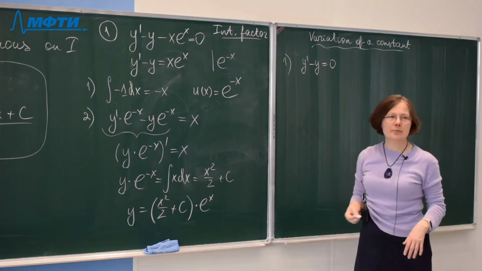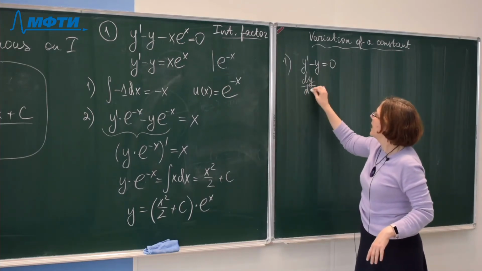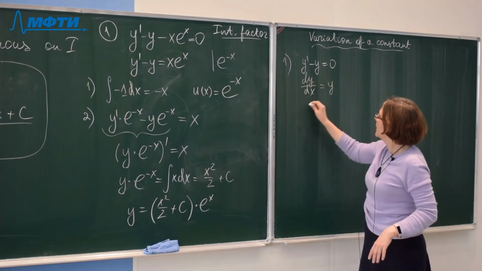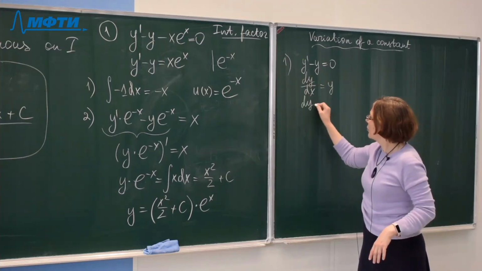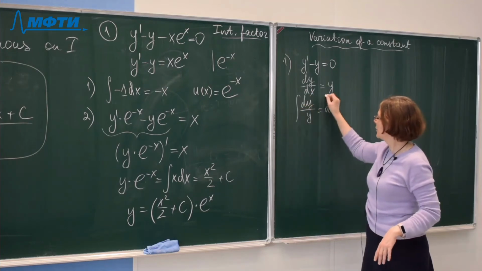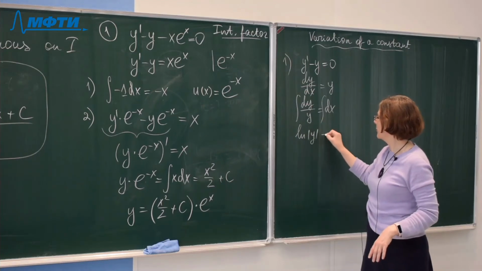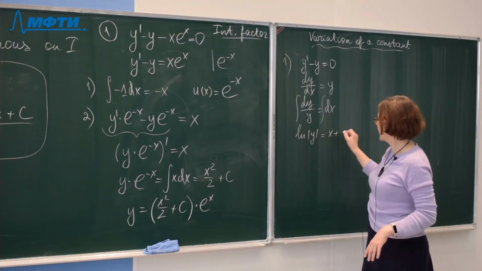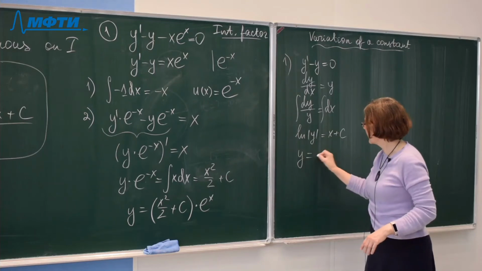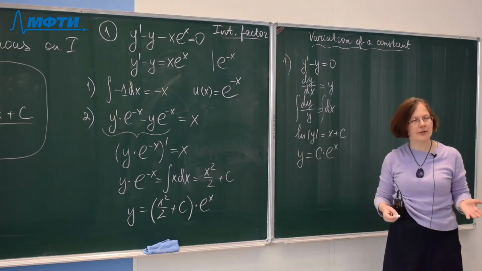So the variables are separated, and it is dy over dx equals y. So dy over y equals dx, and then integrate, and we have ln absolute value of y equals x plus c, and y equals c times e to x, where c is an arbitrary constant, positive or negative.